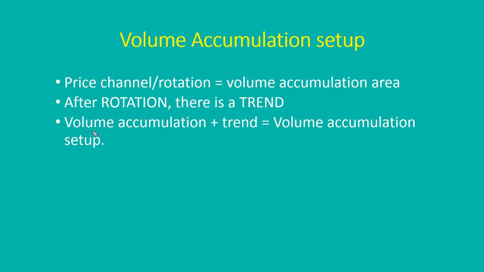And basically the volume accumulation setup consists of a volume accumulation area, in other words, the rotation area, followed by a trend. So whenever you see volume accumulation in a rotation, followed by a trend, then you can start looking for the volume accumulation setup.